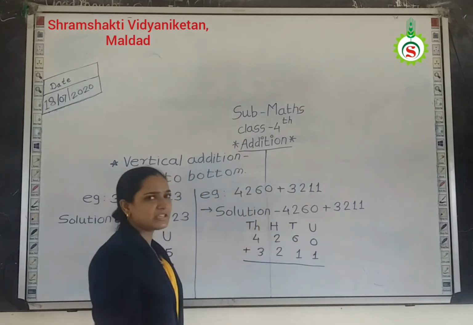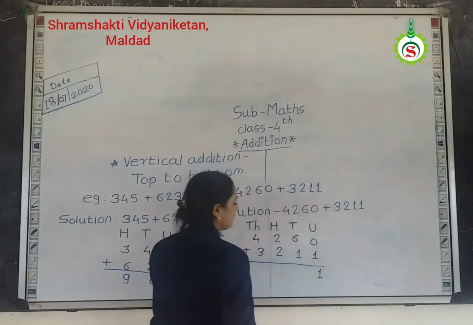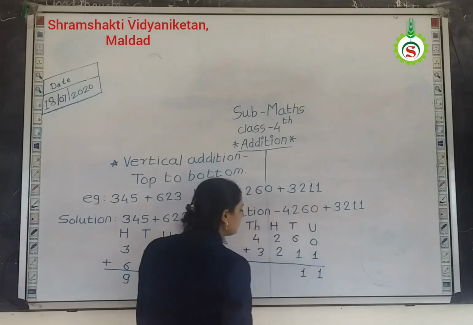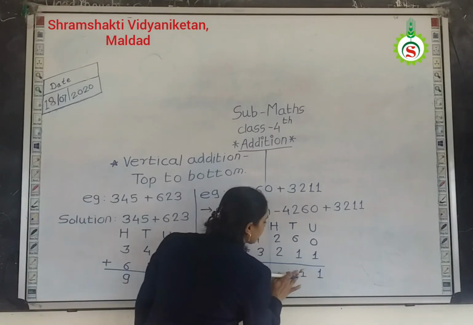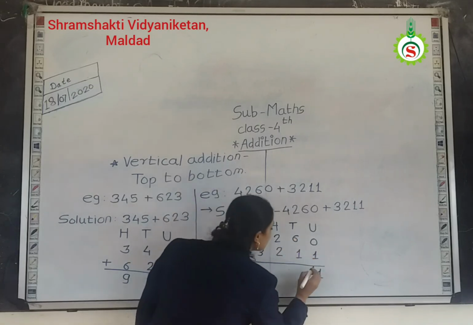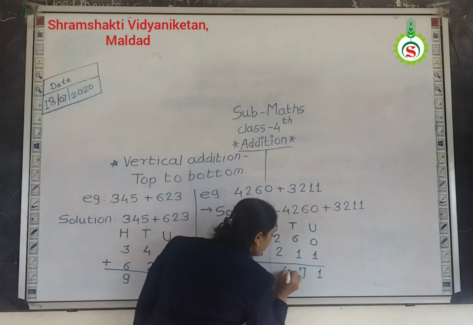Then simply addition. 0 plus 1, 1. 6 plus 1, 7. 2 plus 2, 4.